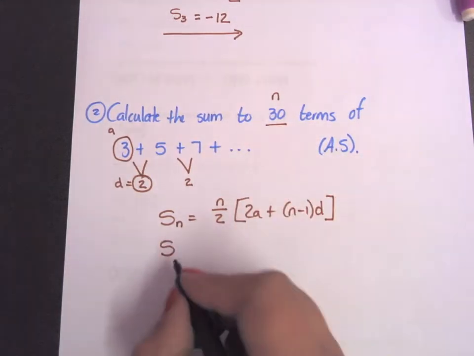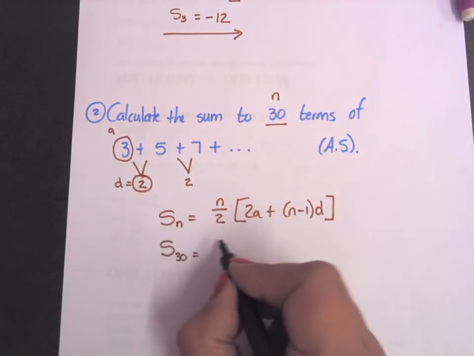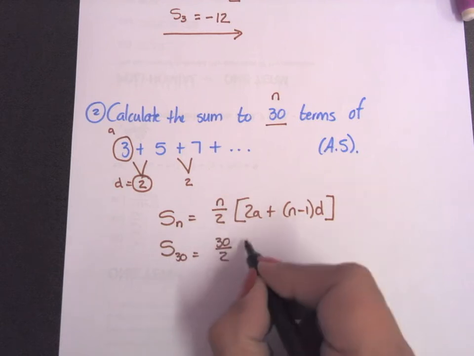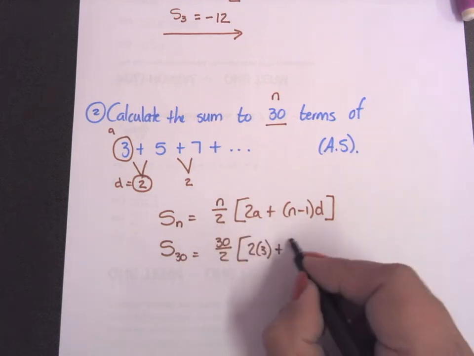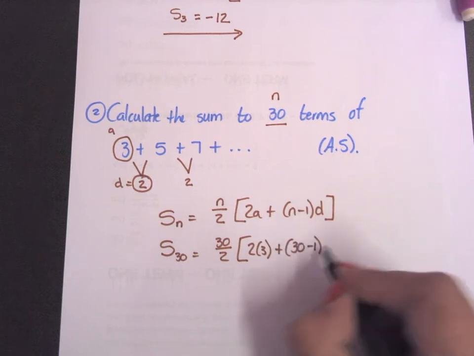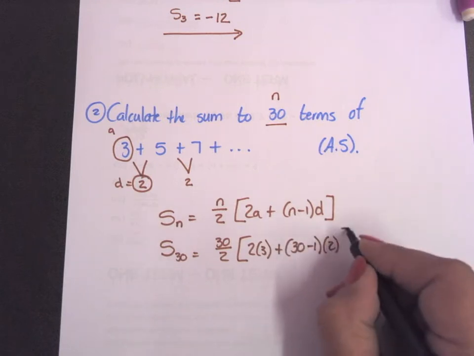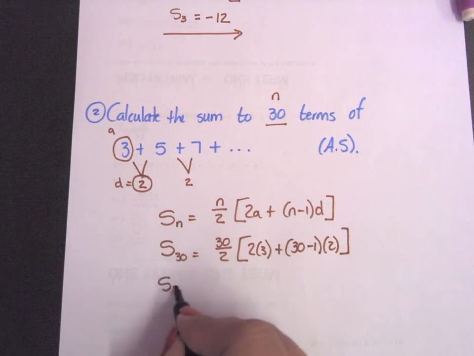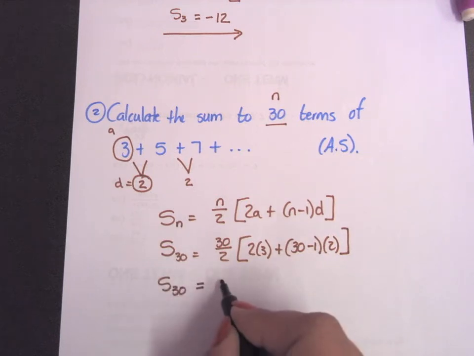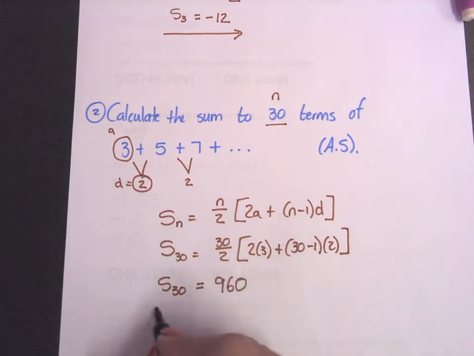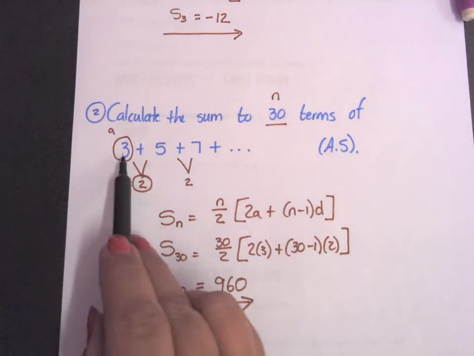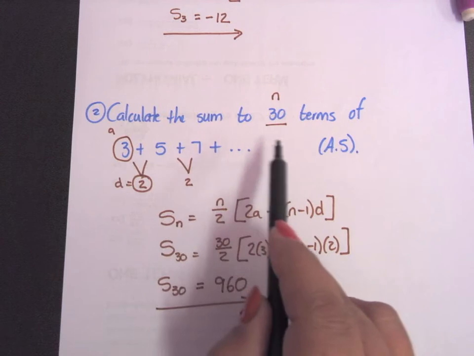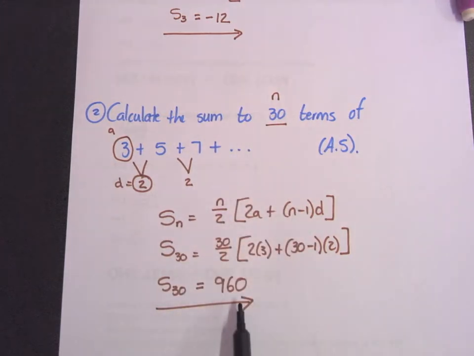The sum of 30 terms is 30 over 2, 2 times 3 plus 30 minus 1 times d. So the sum of 30 terms will be 960. So if you add all the values of 30 terms, you'll get 960.